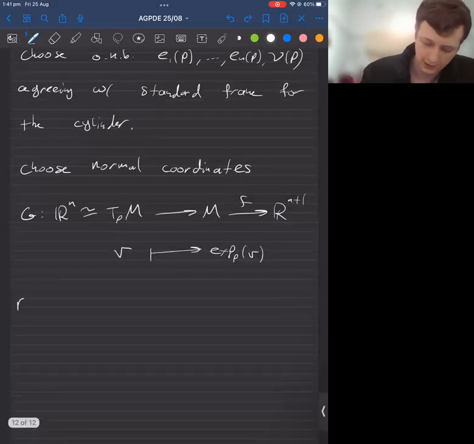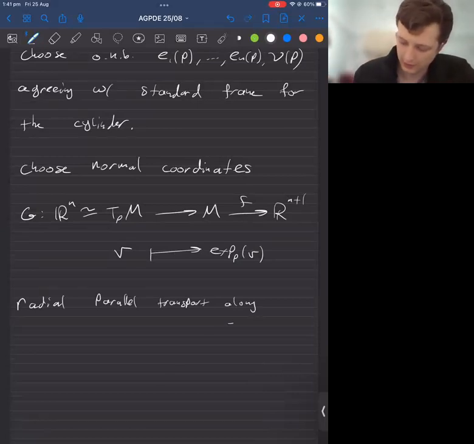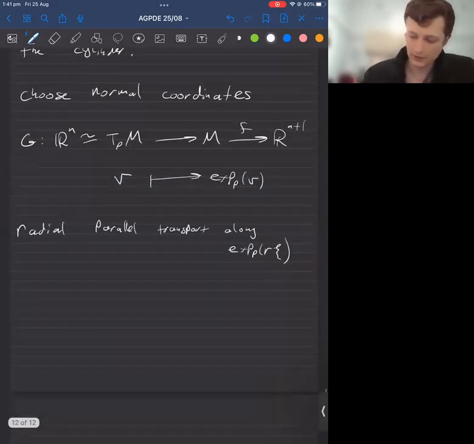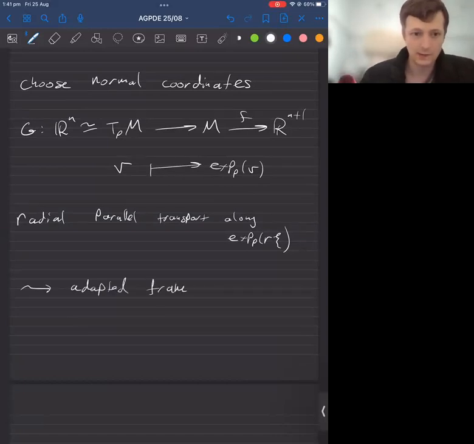So we go radial parallel transport along some geodesic. So I'll write X, P, R, C. And this gives us an adapted frame. So I'll call it E_i of rC, nu of rC, which is just the normal at that point, right? So this would be F after G.